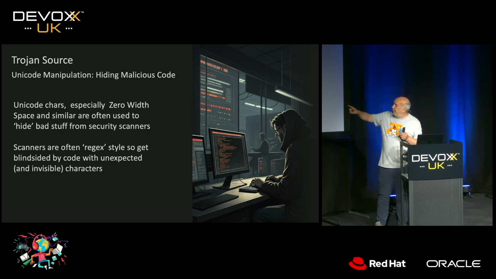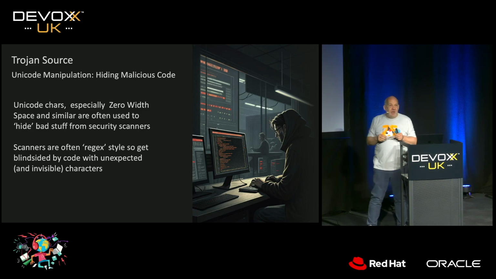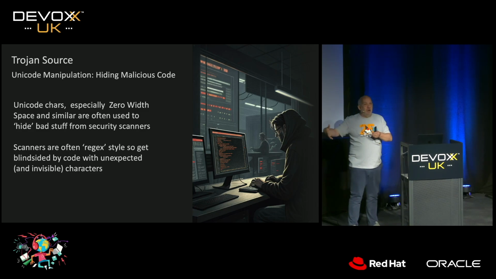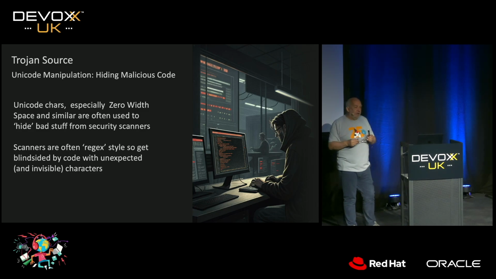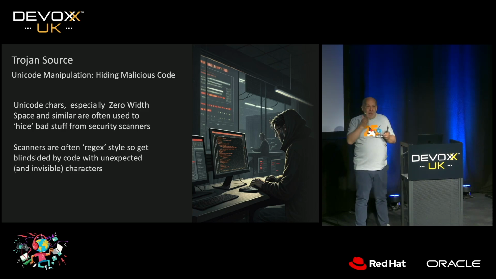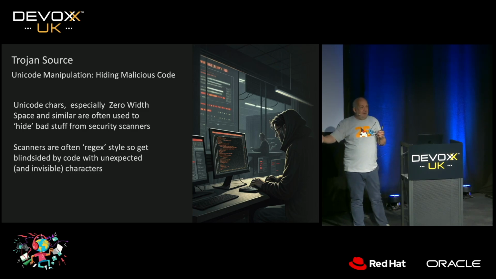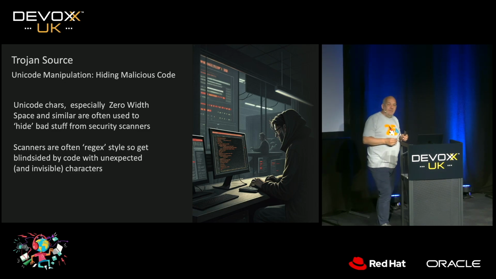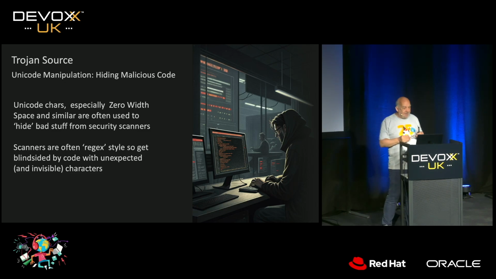But what happens is that most of the scanners out there, the security scanners that are looking for code patterns and comments and things they don't like, they're mostly regex based. And by having zero width characters inserted in certain places, the regex doesn't do the match because there are characters there that you can't see, but it sees, and the match fails. Right? This stuff is really sneaky.